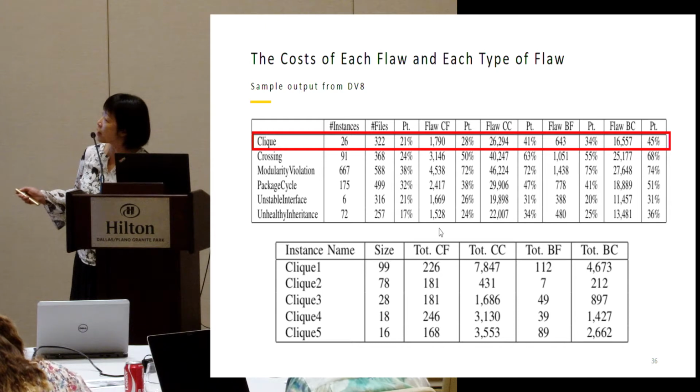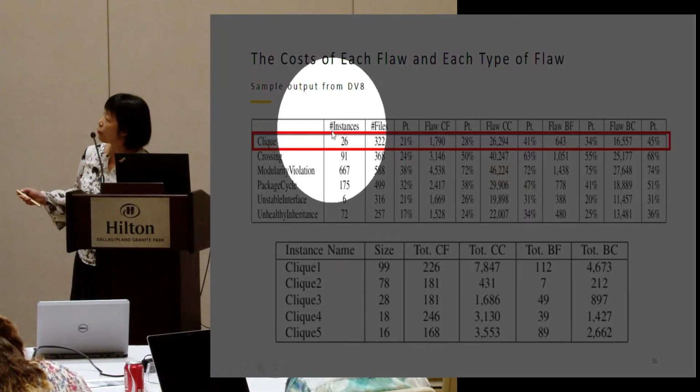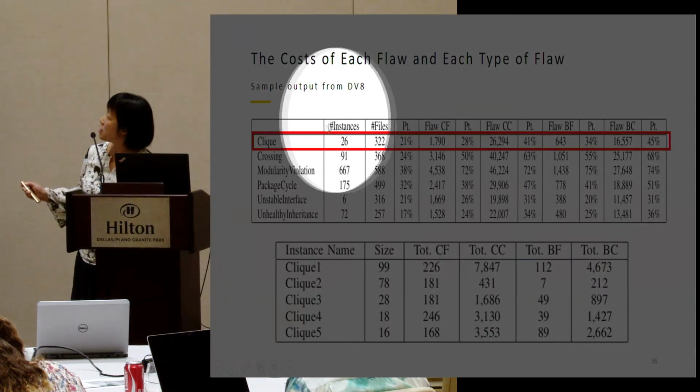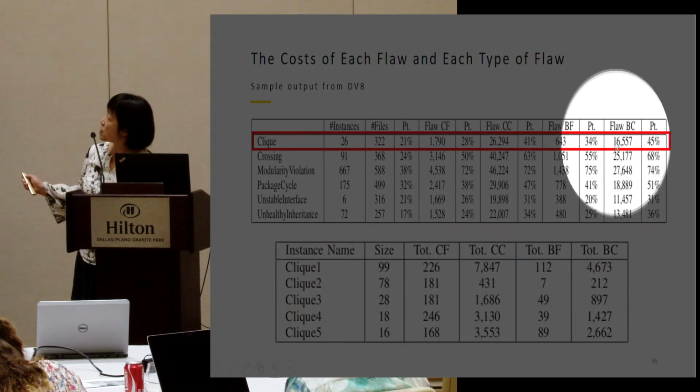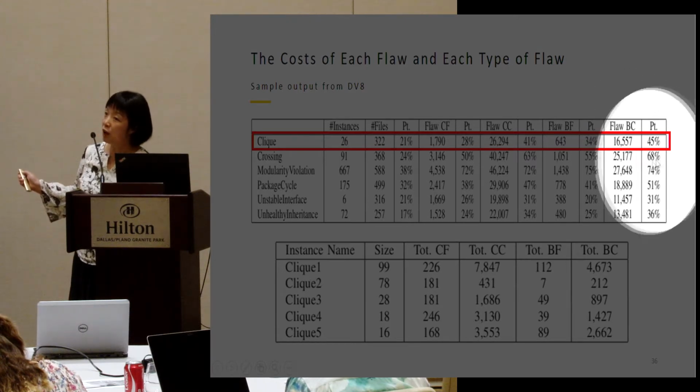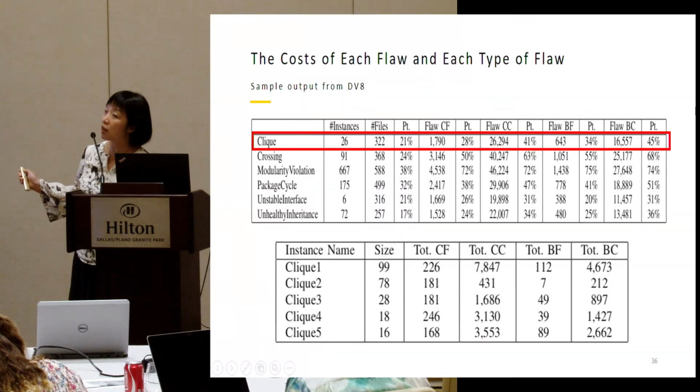For example, in this system there are 26 cyclical dependencies, and these cliques generated bug-fixing churn, in lines of code, of 16,000, which covers about 45% of all the churn spent to fix bugs. So about 50% of the bug fixings are about these cycles.